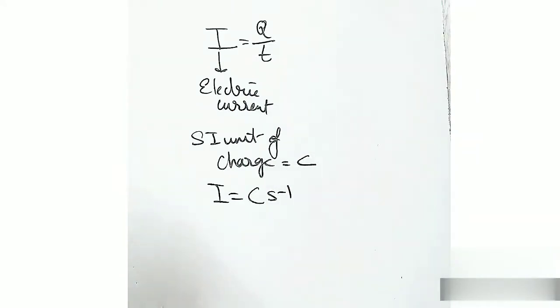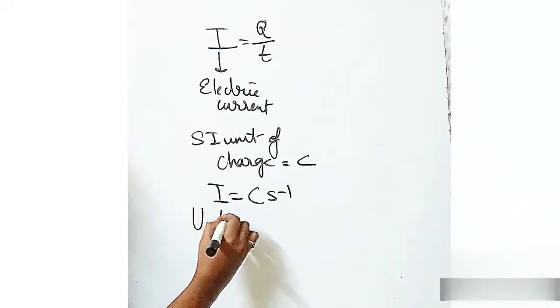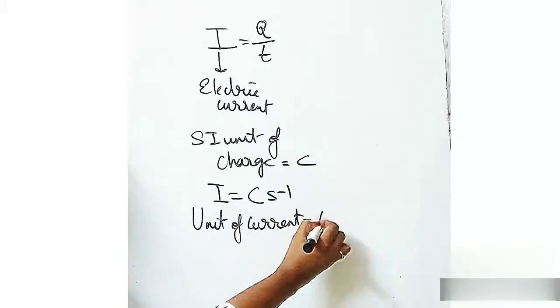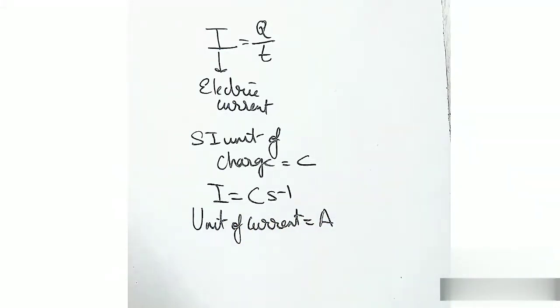But for this unit, we give the scientist's name, Ampere. He is a French scientist who made the discovery, so the unit of current is Ampere. It is denoted as A.